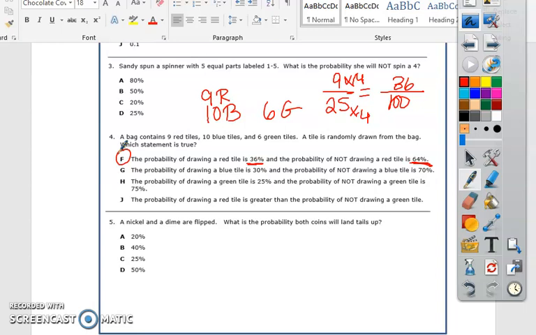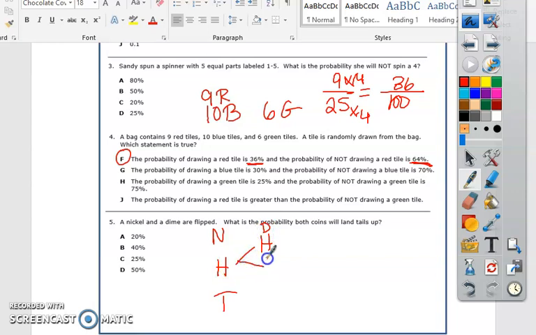Number 5. A nickel and dime are flipped. What is the probability both coins will land tails up? Now, in order to do this, we need to draw a tree diagram of our outcomes. So I have a nickel. If I flip the nickel, I can get heads or tails, correct? Now, if I get heads on the first one, I can get heads on the dime, right?